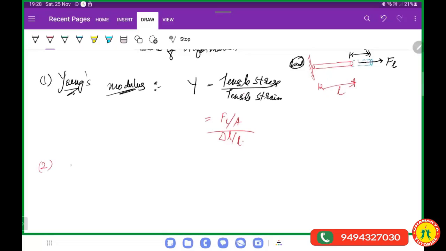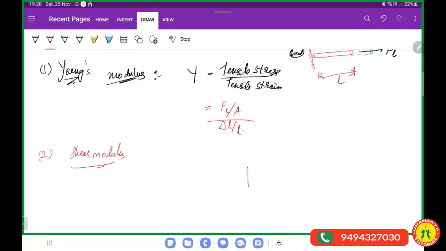Now the second one, shear modulus. From the name itself we can understand shearing apart. If this is the object, we are applying force in this direction. Because this is fixed, it will tend to move in this direction.